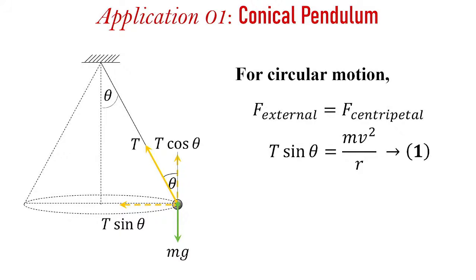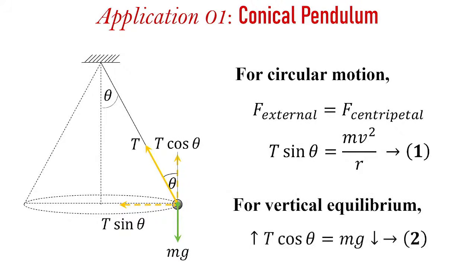Okay. Now, that's all about circular motion. Other than that, we can write T cos theta equals mg because this is going in a horizontal circle. This is not going up or down. So now you have 2 equations. I don't know what they will question, but I know what they definitely question. I don't know what is the physical quantity they are questioning.